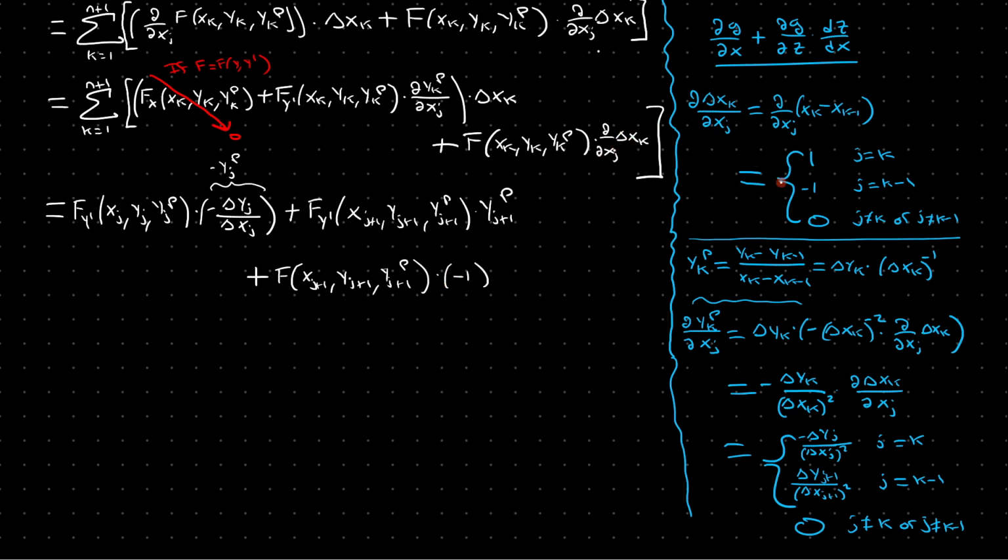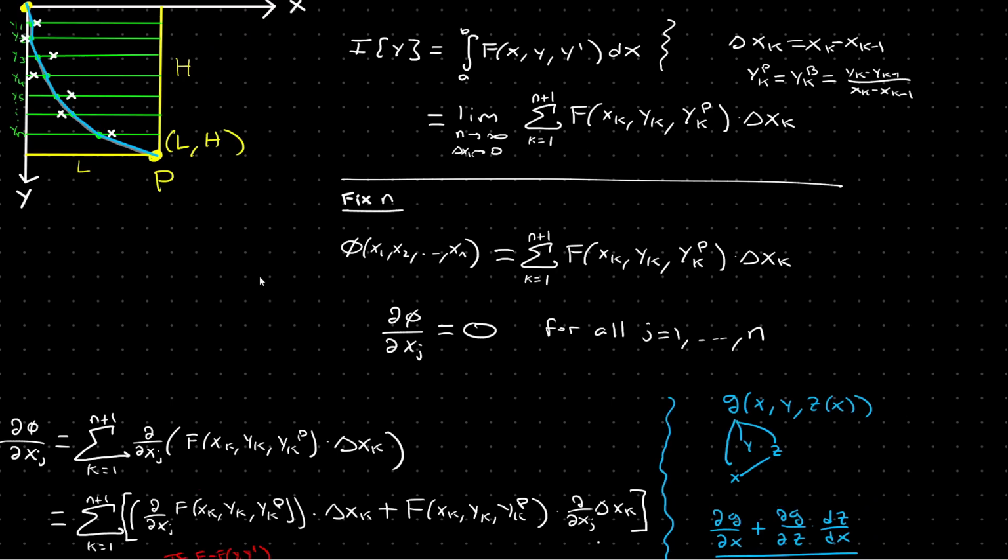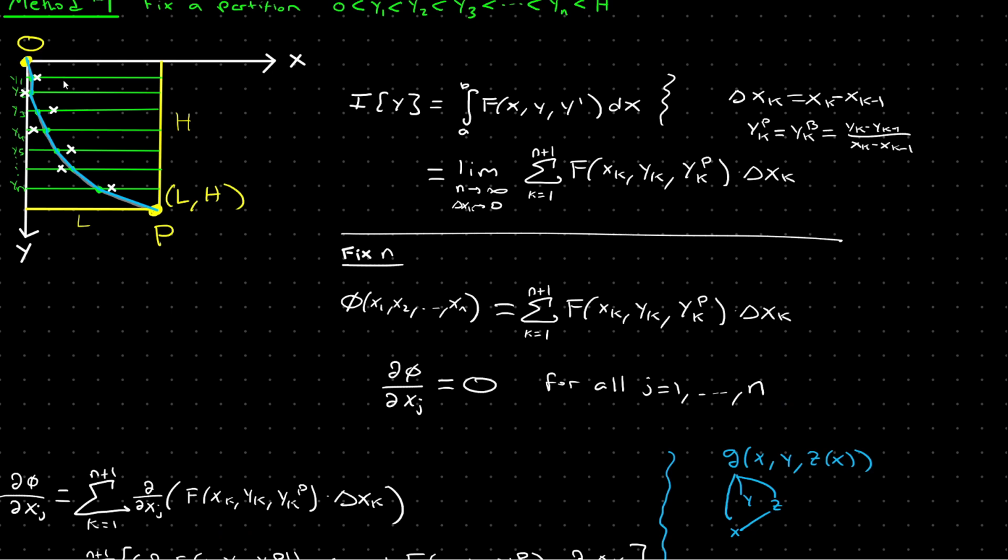This derivative here is negative when k equals j plus 1, and then plus f of xj, yj, yjp times positive 1 when j equals k. So remember that this entire thing is being set equal to 0. It says equals 0 because if you remember what we're trying to do, we're setting all of the derivatives of this approximation equal to 0 to try and minimize this function phi as a function of all of these x values.